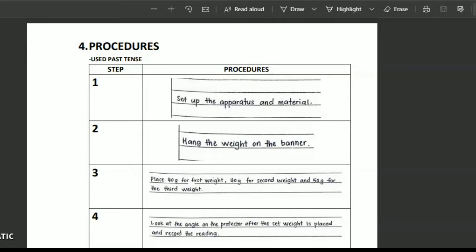So for procedures, step 1 is set up the apparatus and material. Step 2, hang the weight on the hanger. Step 3, place 40 gram for first weight, 40 gram for second weight, and 50 gram for the third weight. Step 4, look at the angle on the protector after the set weight is placed and record the reading.